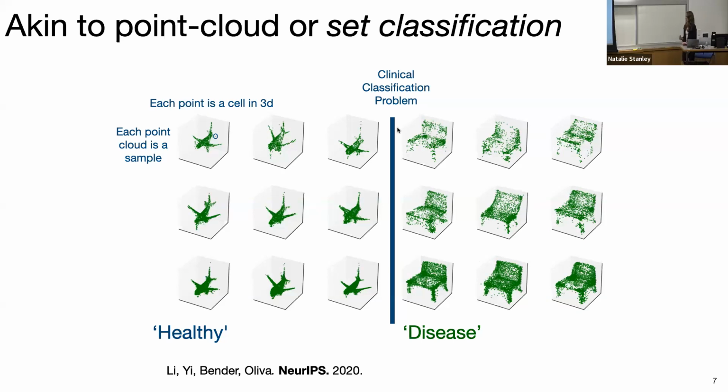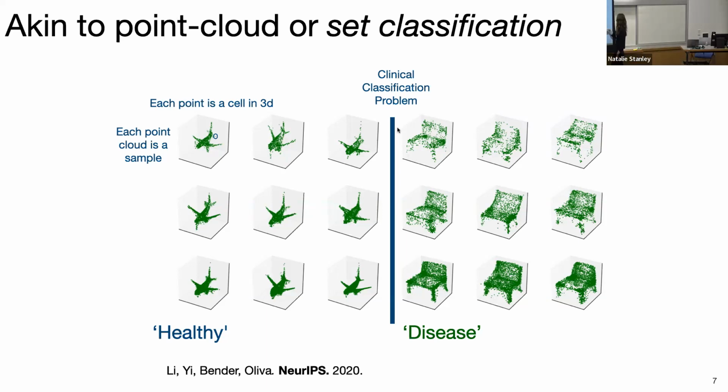So this problem is really similar to our problem, because we don't have little toy problems with chairs and airplanes. But if you think about every sample profiled with a single cell technology, they're effectively one of these chairs and one of these airplanes. And instead of living in 3D, they live in 45 to 50 dimensions, right?